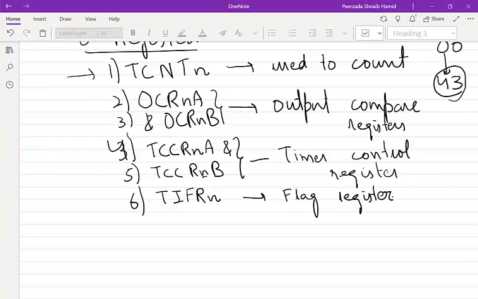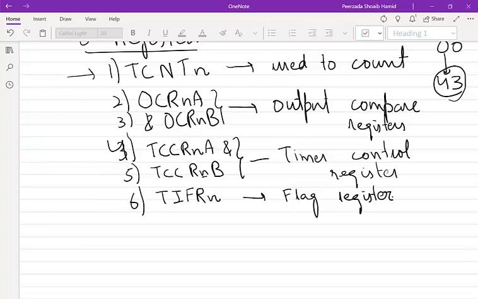Again, timer control registers are used for setting modes of operation. For example, to specify if a timer works as a timer or a counter, or whether we use OCR0A or OCR0B, or we wait for overflow. Also, these timer control registers are used to actually set the speed of the timers.